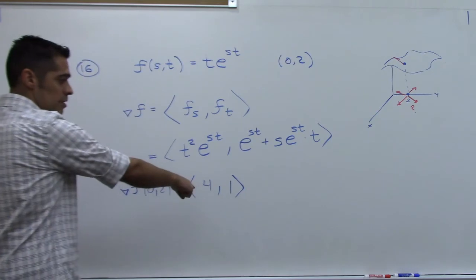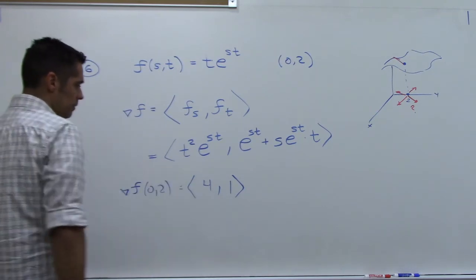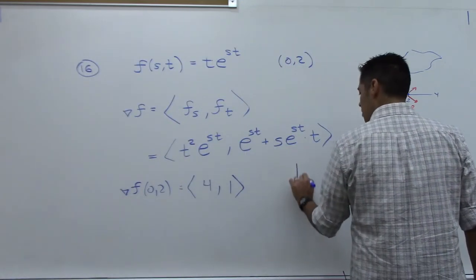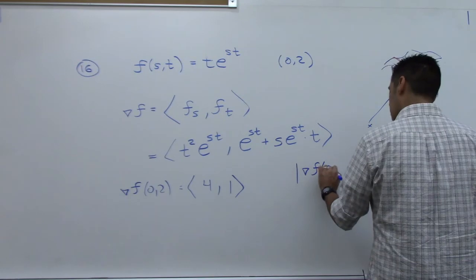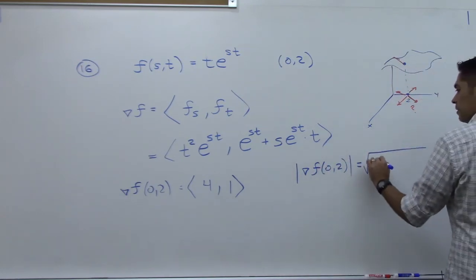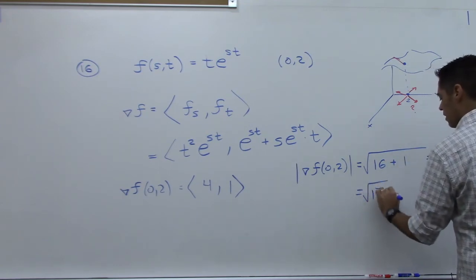That is the direction I should point in to get the maximum rate of change. Now, what's the maximum rate of change? I just take the magnitude of the gradient vector at (0, 2), which is the square root of 16 plus 1, so root 17.